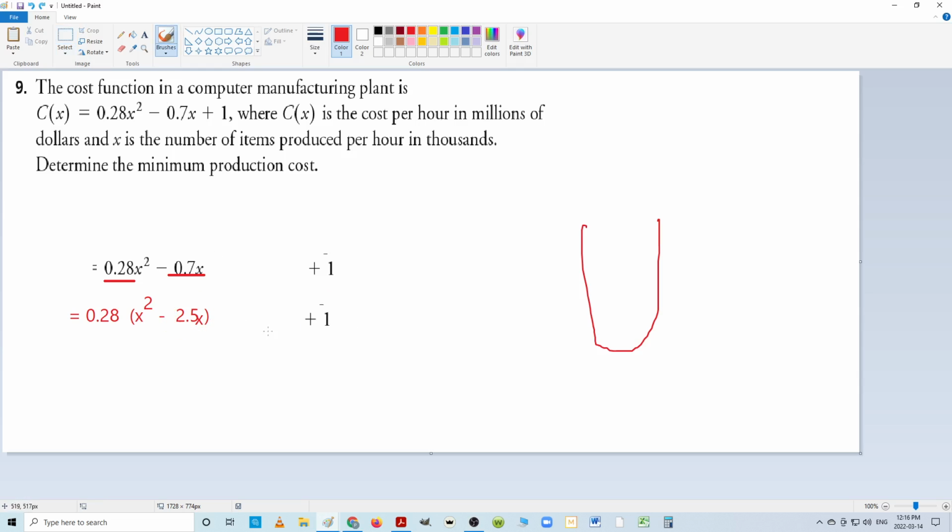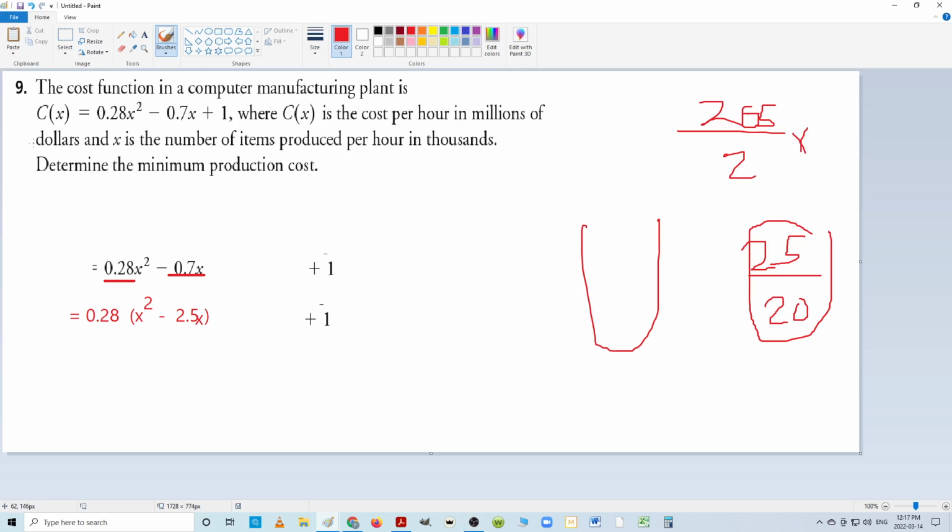Well, half of 2.5, you can either leave it as a fraction, and if you don't like that decimal, you can multiply them both by 10. 25 over 10 is the fraction, and half of 2.5 means divided by 2, but I multiplied both by 10, top and bottom, which does not change the fraction.